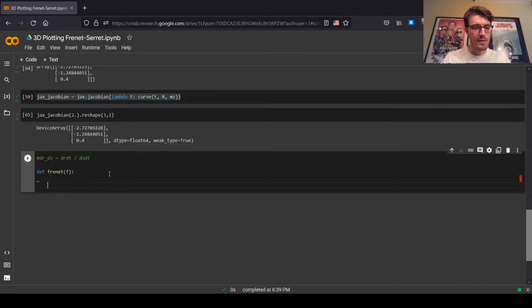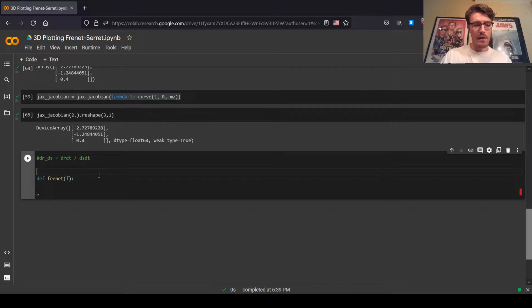And since we're using f, this is kind of what we're going to go by. Instead of r, we'll do df, and then df dt over ds dt.